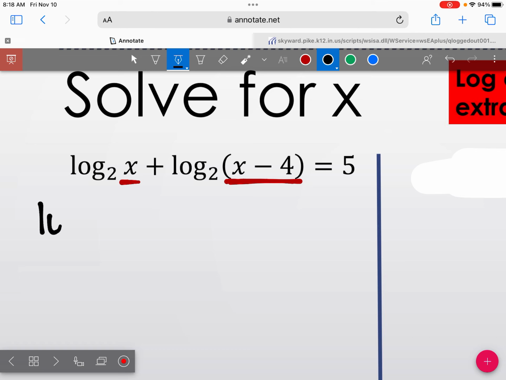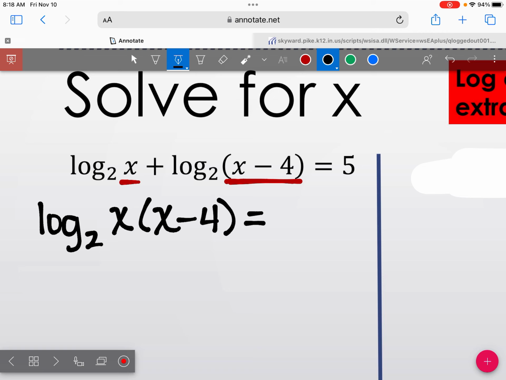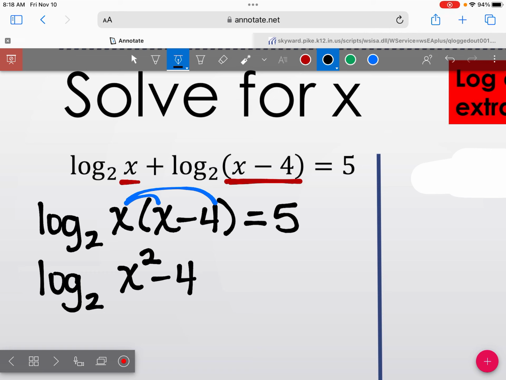So it becomes the log base 2 of x times x minus 4 equals 5. And now we're going to distribute the x, which would be the log base 2 of x squared minus 4x equals 5.